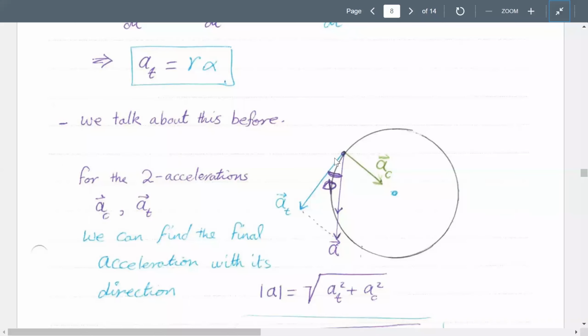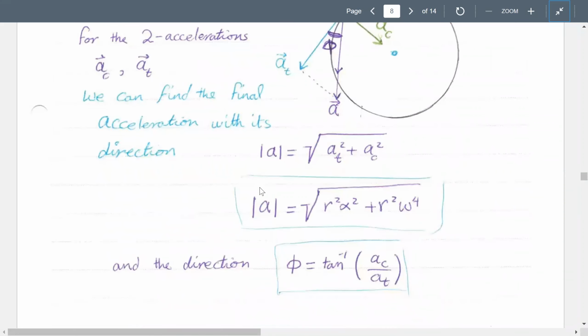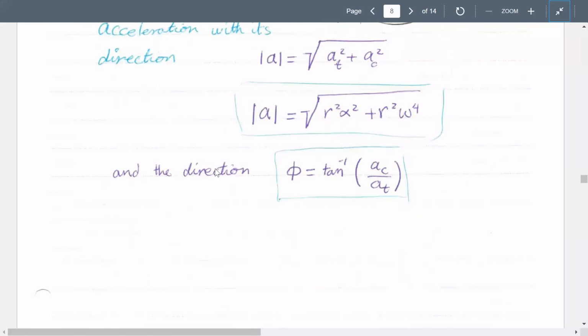The angle between them is 90 degrees, between A C and A T. Because of that, we can use the Pythagorean theorem to find the resultant one. So the total acceleration will be the square root of A C squared plus A T squared. If we need to find phi, which is the direction of that acceleration, we can also use tan inverse, which is A C over A T.